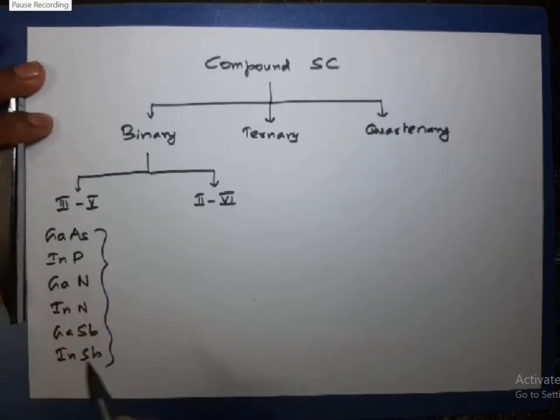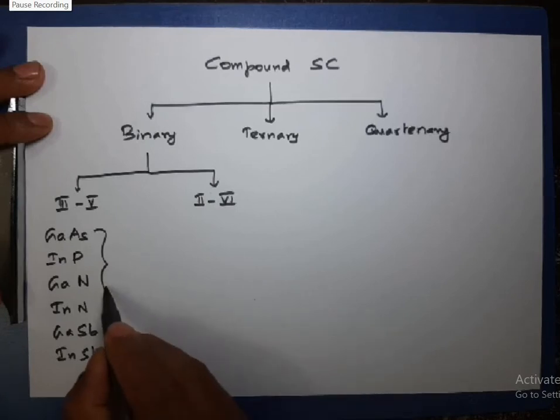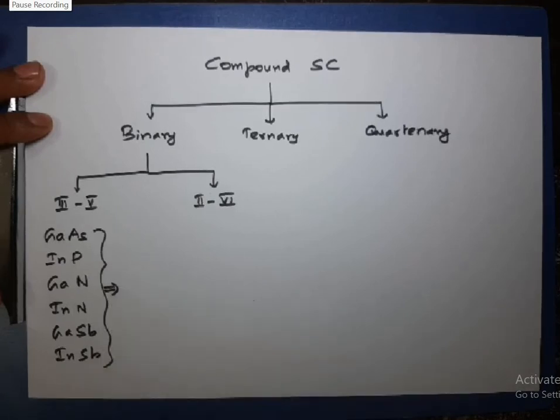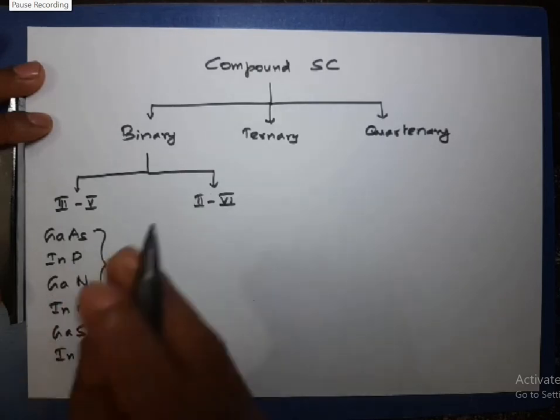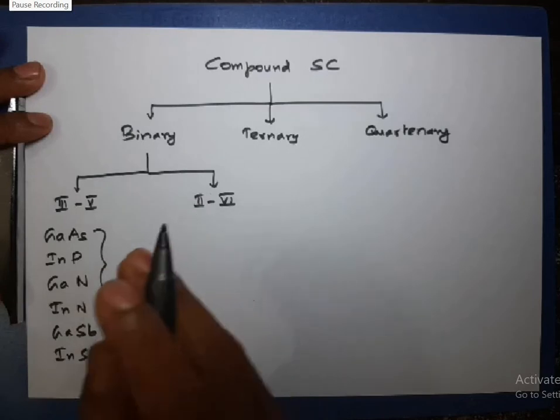But what is the advantage of 3-5 compound semiconductors? The advantages are, in 3-5 compound semiconductors, both n-type doping and p-type doping are possible.